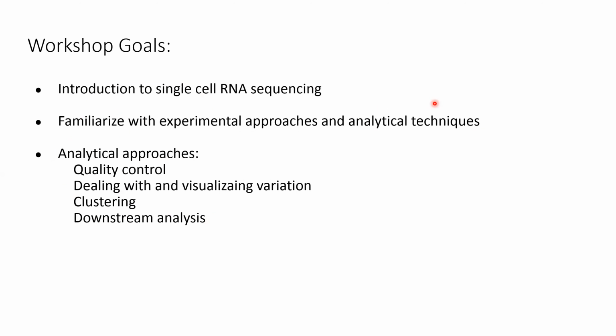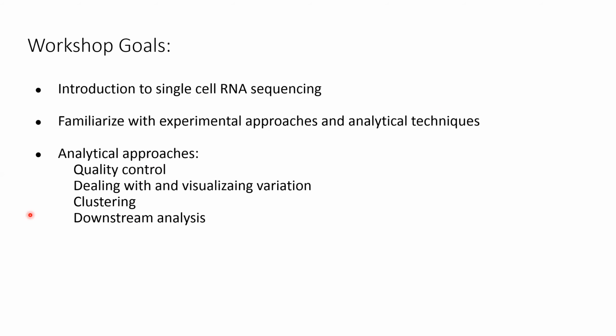The goals of this workshop were to introduce you to all of the single-cell RNA sequencing concepts, and familiarize you with the experimental approaches as well as analytical techniques. Hopefully you found this informative or interesting.